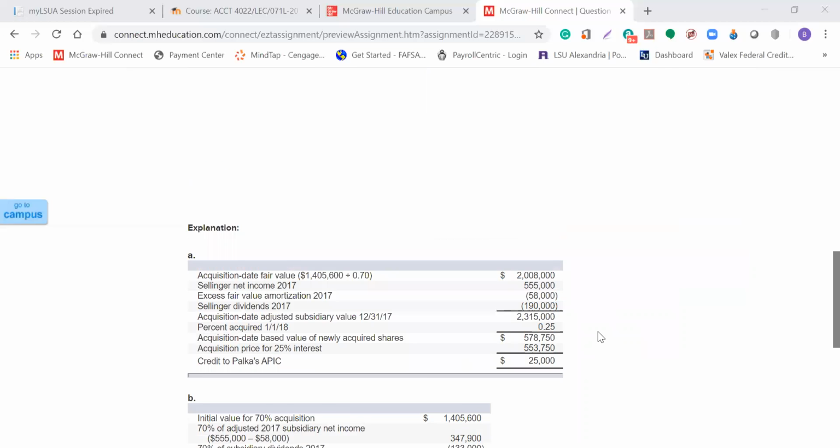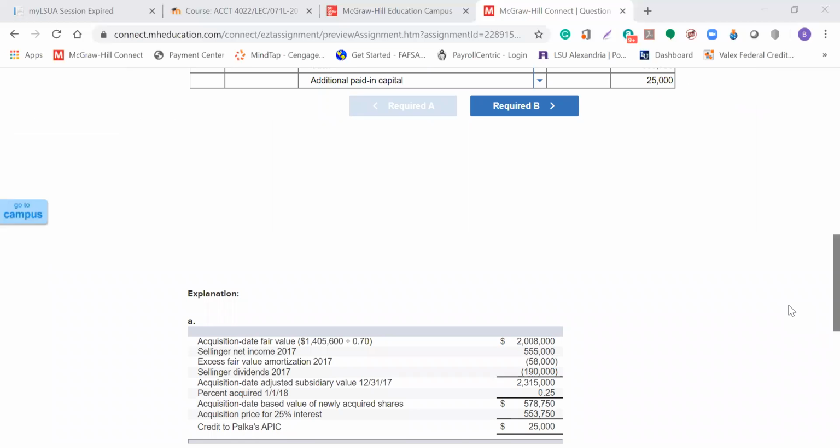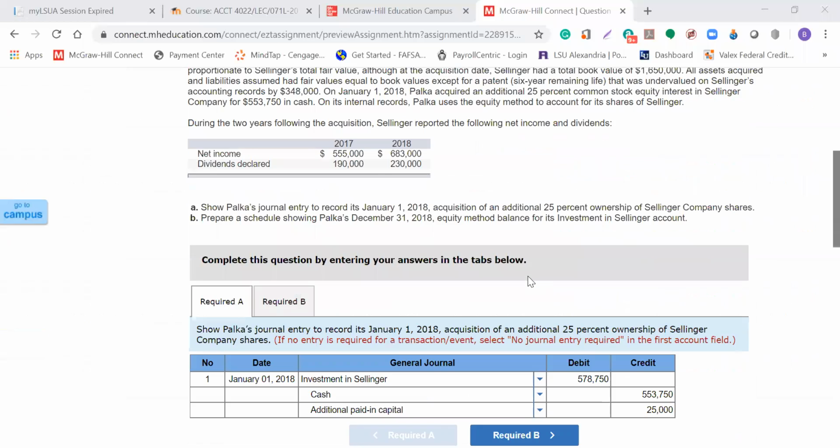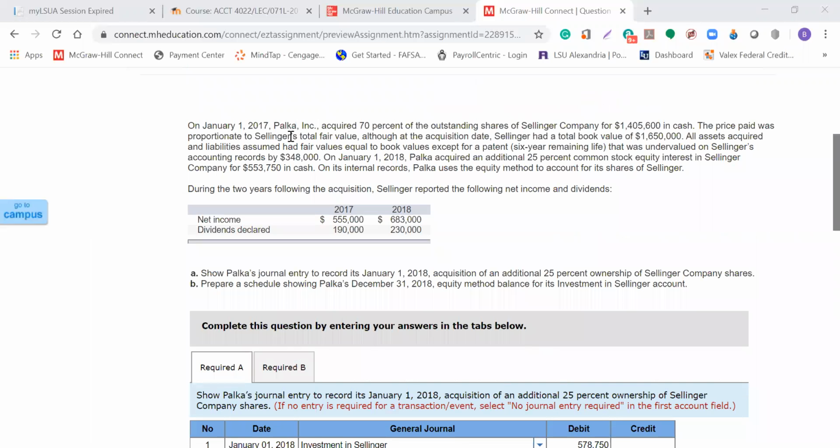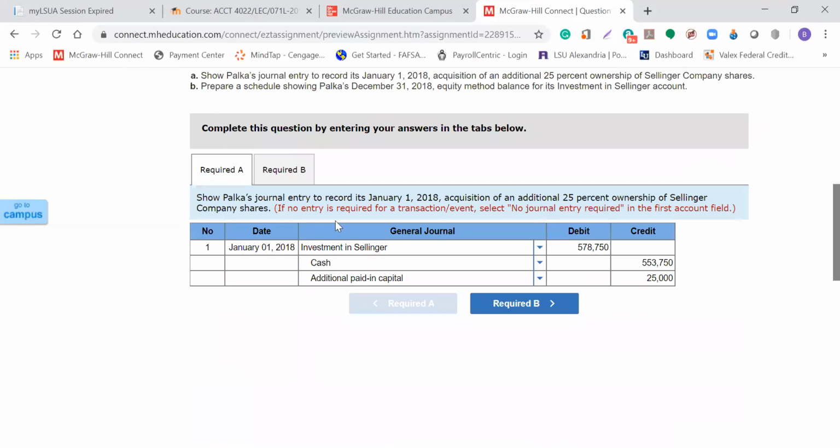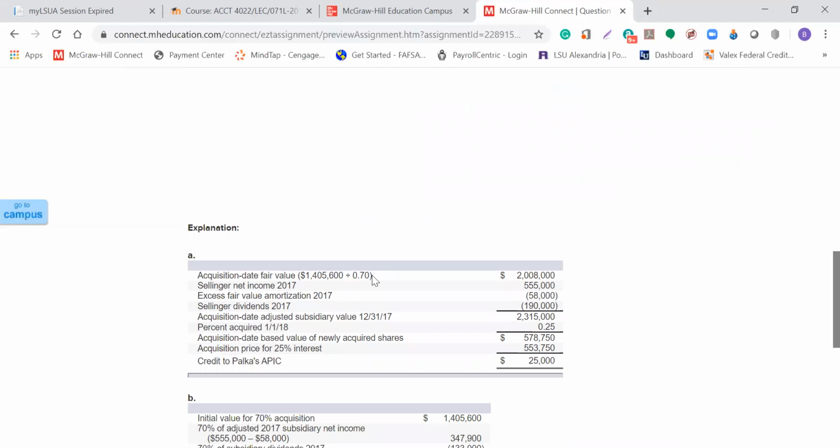In order to do that, we had to get the acquisition date fair value, and we were told it was $1,405,600. And it tells us here in the problem that's 70% of their outstanding shares, what they purchased it for is what we use to do the calculation, divided by 0.70.